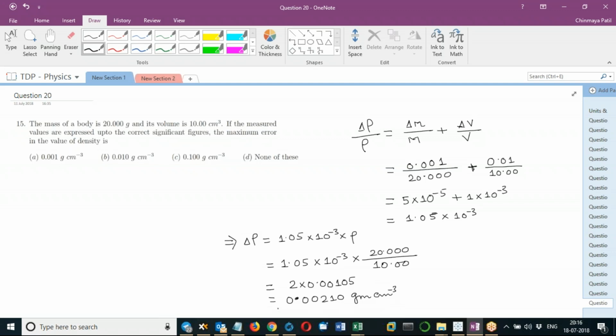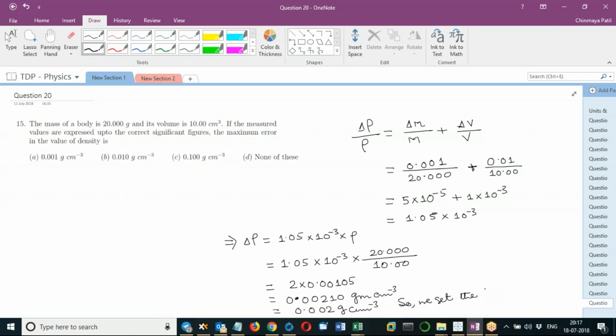If we simplify further, that comes to 0.002 gram centimeter power minus 3. So we get the correct option as D, because none of the first 3 options are matching.